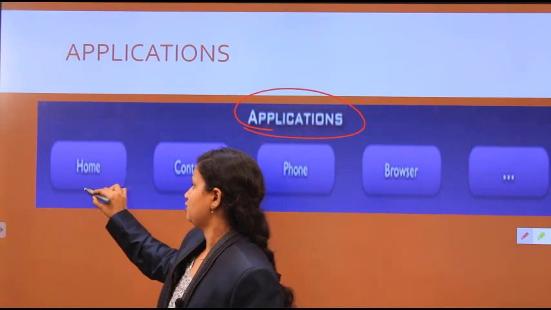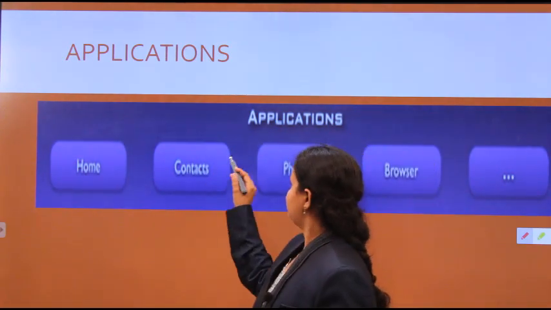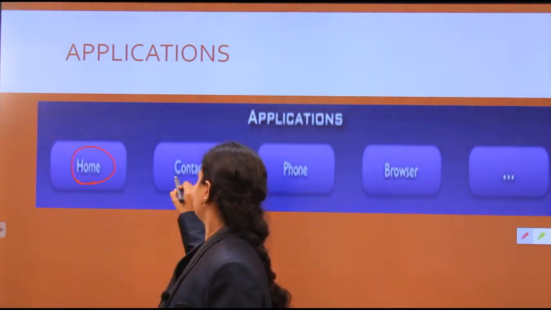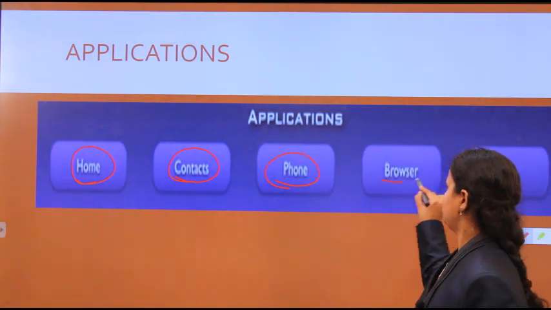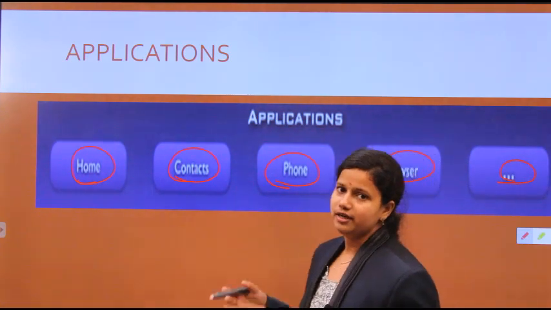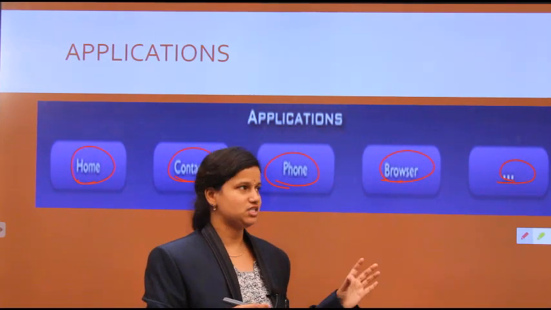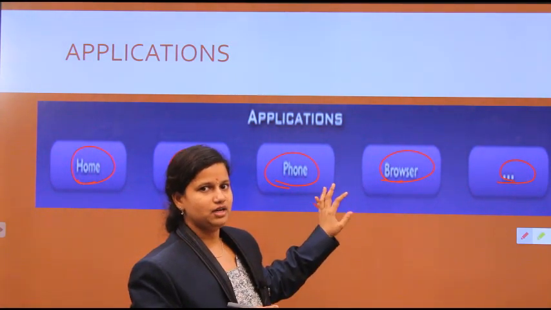This is one of the topmost layers. The applications presented here are, the first one, home, contacts, phone, and the next one, a browser. Different applications that are already developed and waiting for installation are presented in this layer.